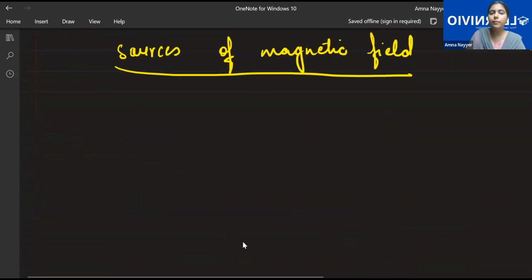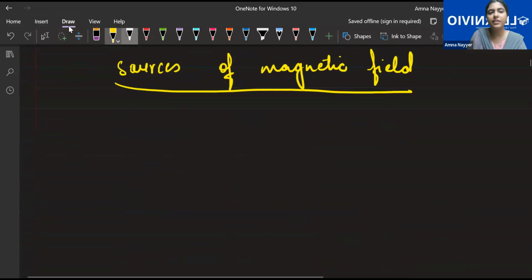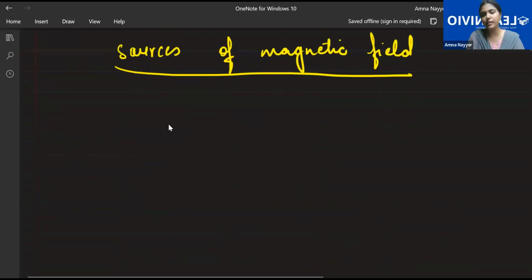Now let's talk a little bit about the sources of magnetic field, which we didn't discuss earlier.